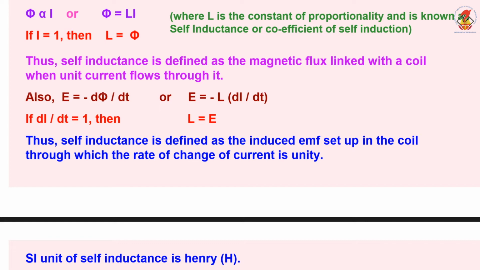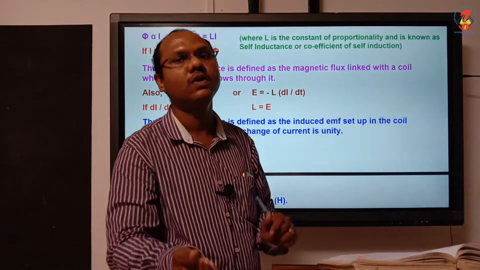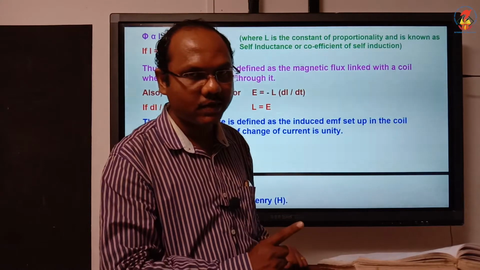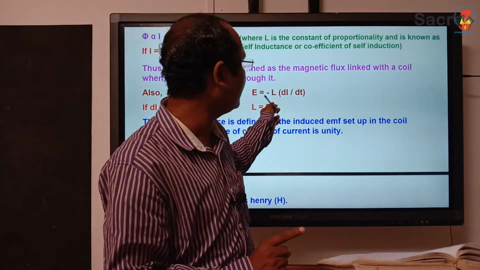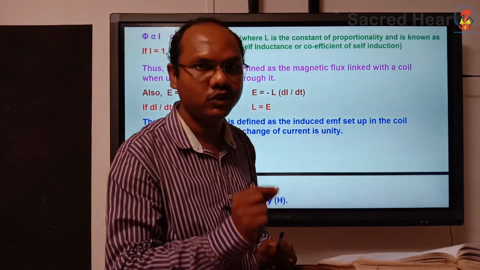So that is the equation relating induced EMF and rate of change of current. E is equal to minus L into di by dt. It is the equation relating induced EMF with the rate of change of current.